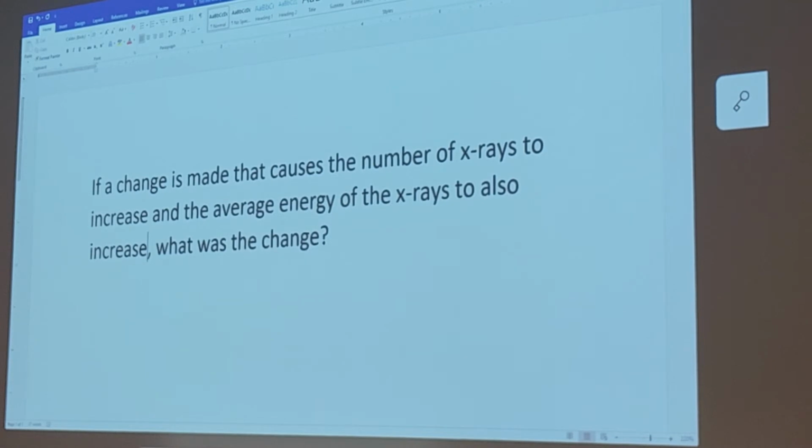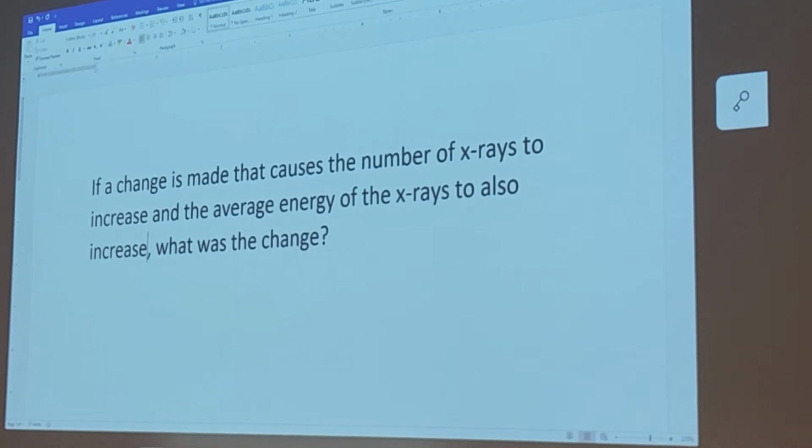So let's see how I want to phrase this. The number of X-rays increases. What change to KVP would cause the number of X-rays to increase? Does KVP increase or decrease? It increases. Very good.